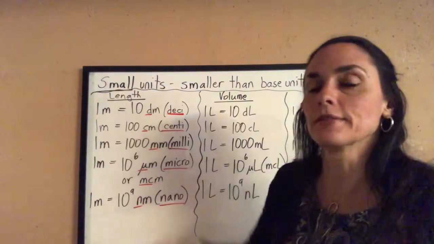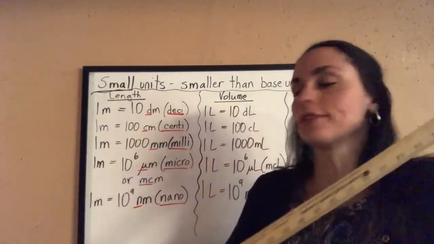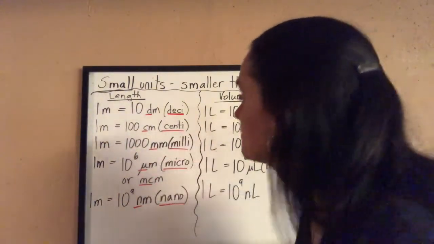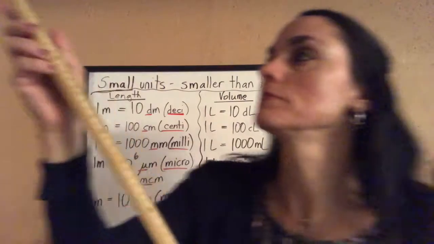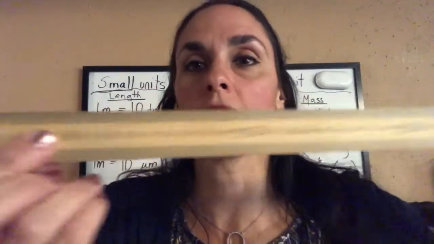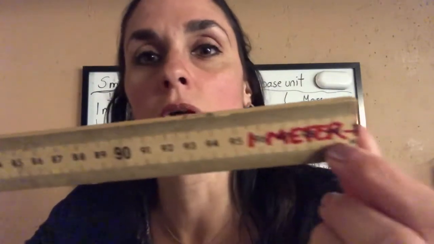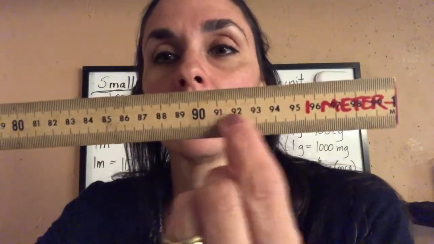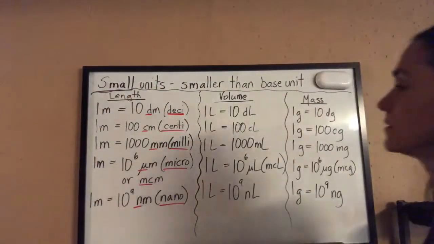In 1 meter, you have 100 centimeters. The prefix C for centi. 1 centimeter all the way up to 100 centimeters. You can see the markings, 90, 91, so forth, all the way up to 100.